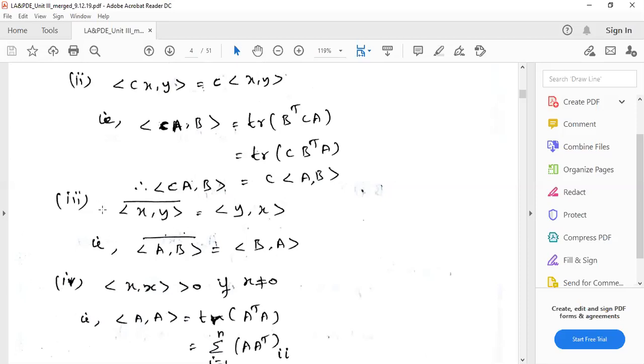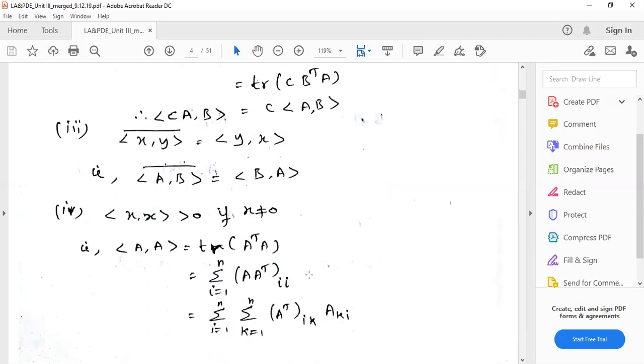And the third condition: the conjugate of inner product of x comma y is equal to inner product of y comma x. That is, for matrices, the conjugate of inner product of A comma B is equal to inner product of B comma A. And the fourth condition: inner product is greater than 0 if and only if x is not equal to 0.